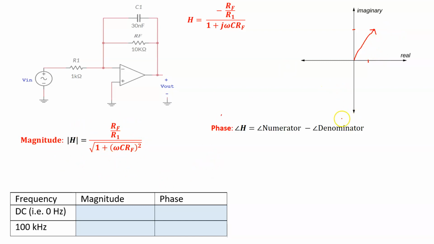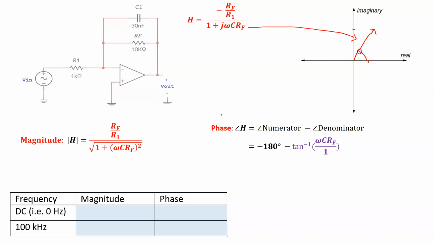Now the phase is the phase of the numerator minus the phase of the denominator. We saw earlier that the phase of the numerator can be written as minus 180 or 180, depending on your preference. The phase of the bottom part is what we plotted here.